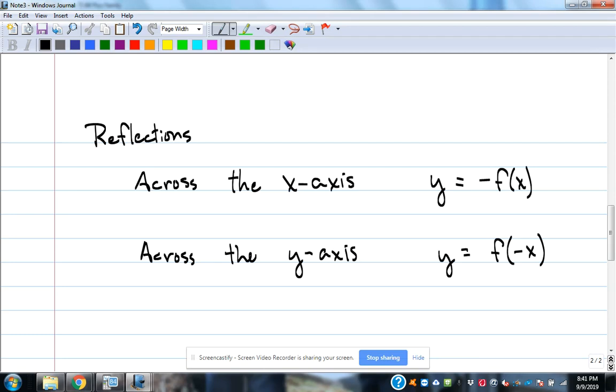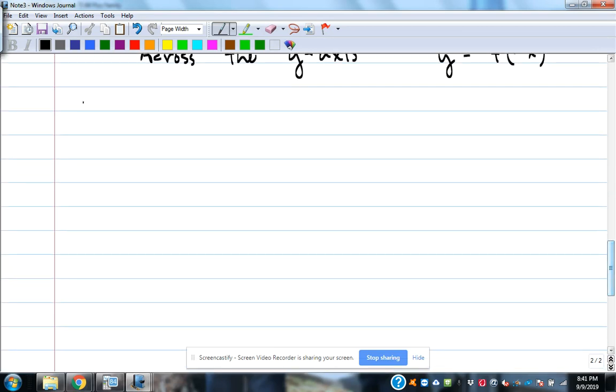Okay. Now, let's get to the next thing. The next type of transformation that can happen is shifts. So a vertical shift takes the original function and adds something to it, on the outside. Okay?